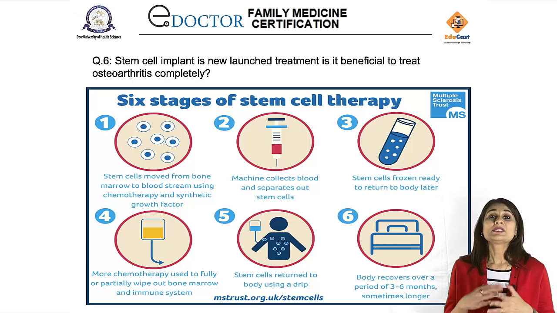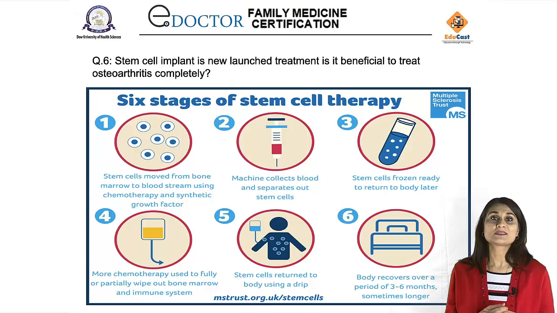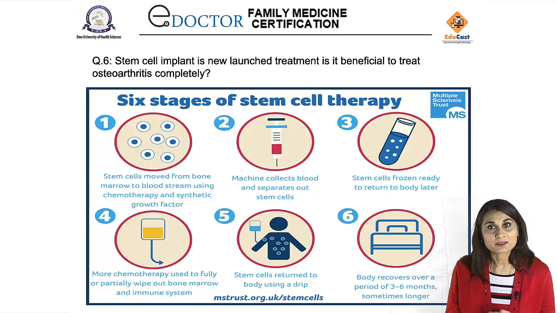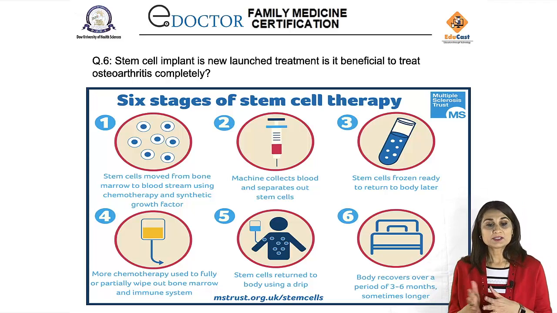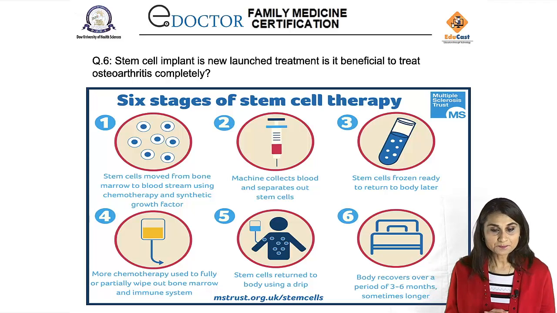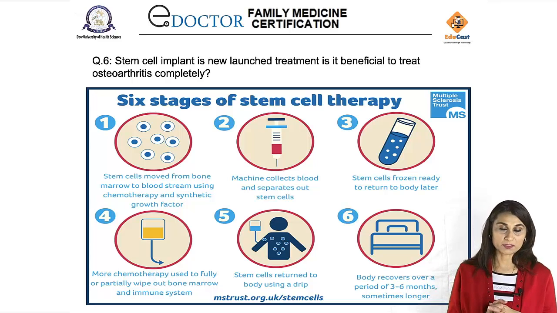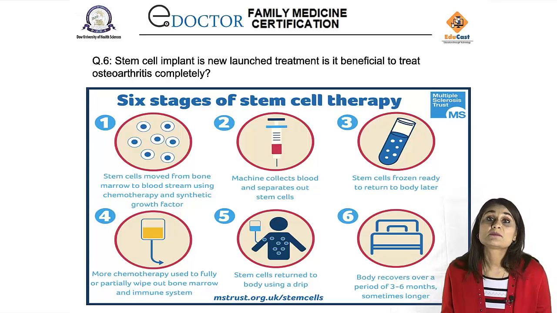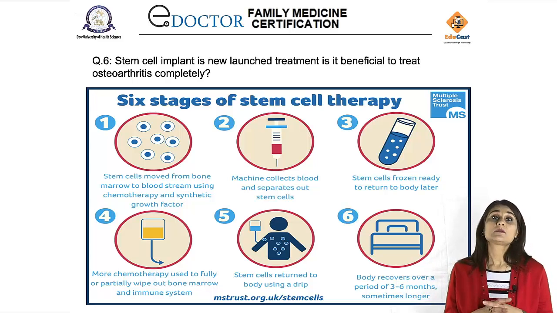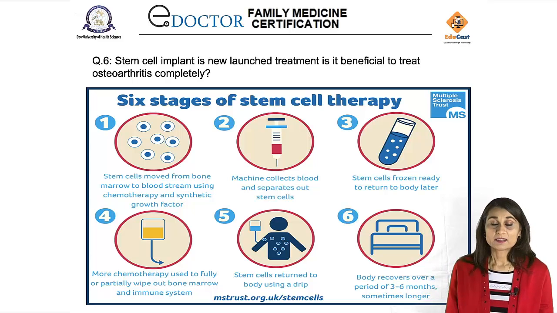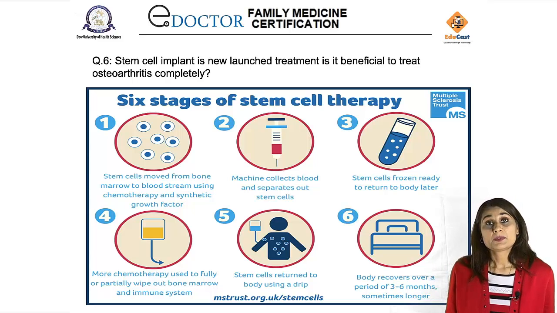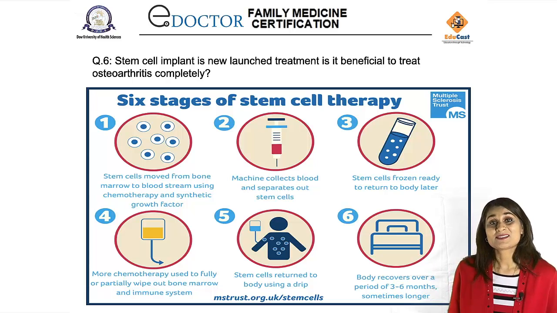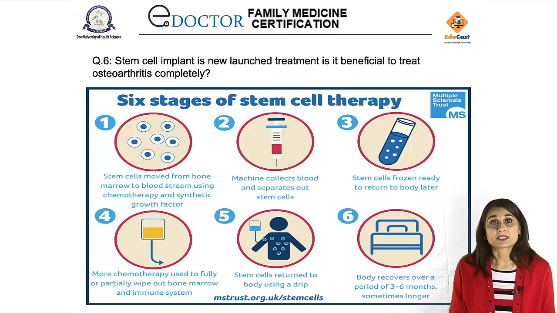So patients who need to rebuild their immune system, we can use stem cells. Then we inject the patient with stem cells, and the body recovers over a period of 3 to 6 months, sometimes longer. If you are talking about just osteoarthritis, then you need to say that we use umbilical cord mesenchymal stem cells, and that is very effective.